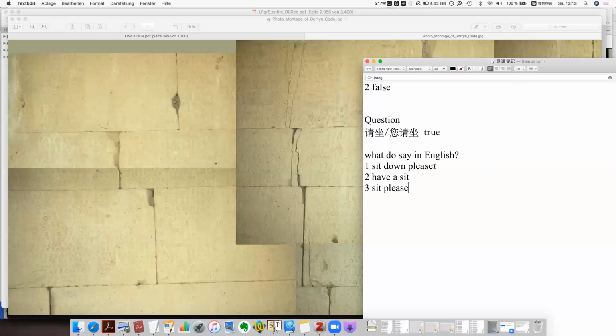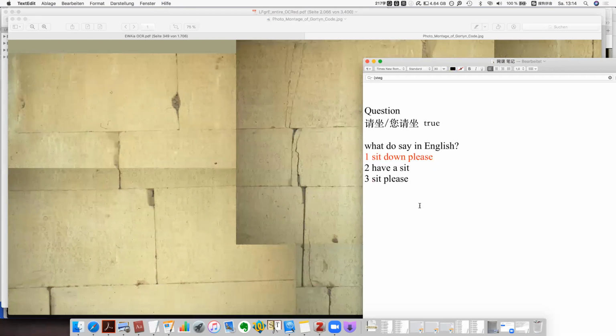We would usually say sit down, please, or have a seat. Does anyone think the third one is better? I think nobody would. We would usually say sit down, please, or have a seat.